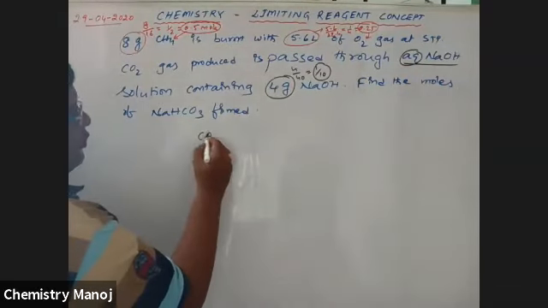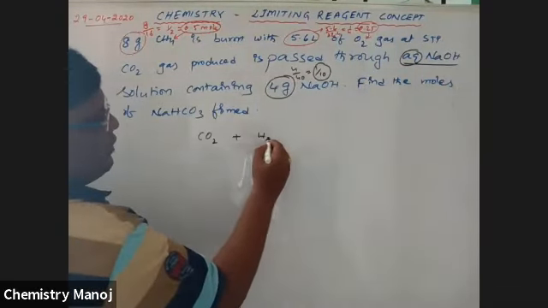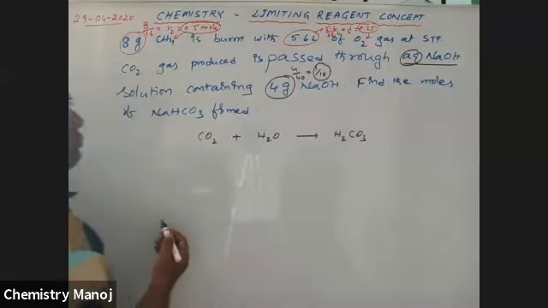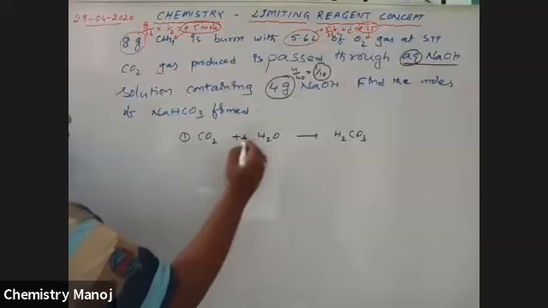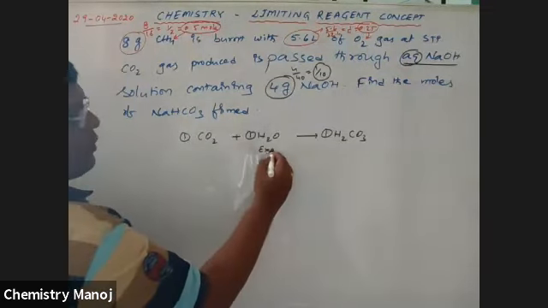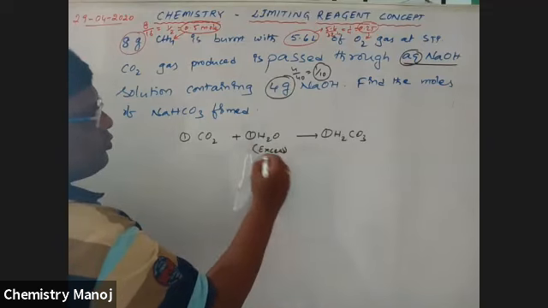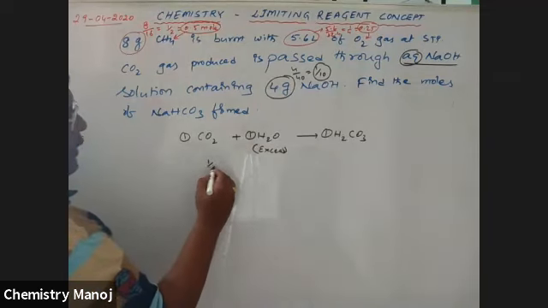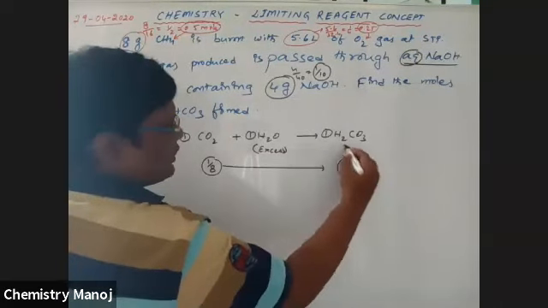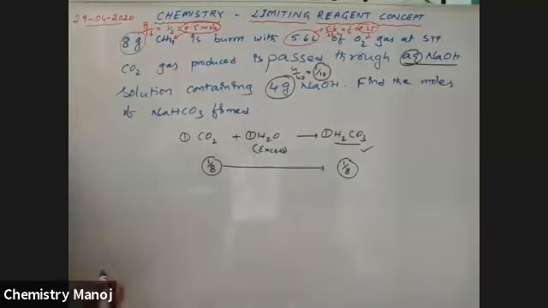Now that CO2 dissolved in water gives H2CO3. Actually, 1 mole reacts with 1 mole, that gives 1 mole. Water is in excess; aqueous means excess. Now 1 by 8 moles of CO2 automatically forms 1 by 8 moles of H2CO3.